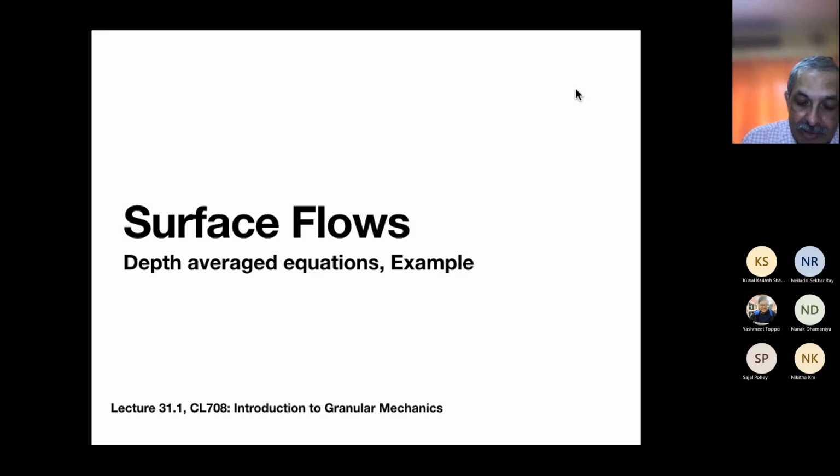Then we have been looking recently at what we call surface flows, and here the idea is that we do a macroscopic balance because we're not really interested in the velocity at every point, but this allows us to study the system as a whole.